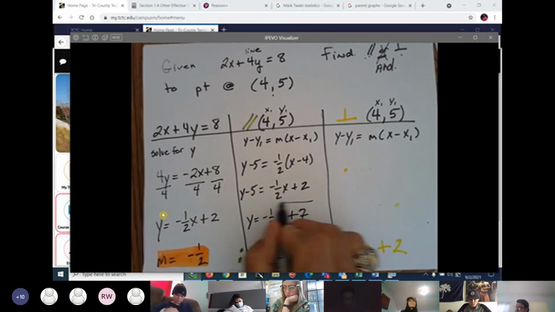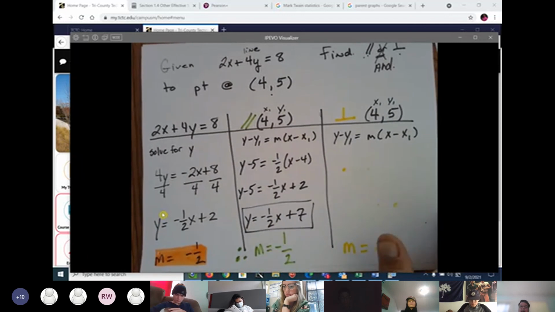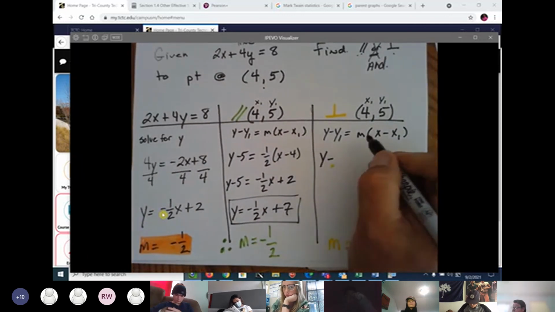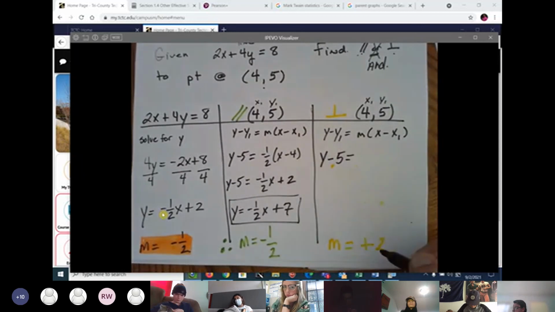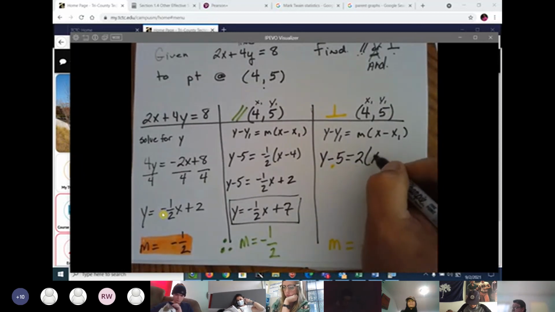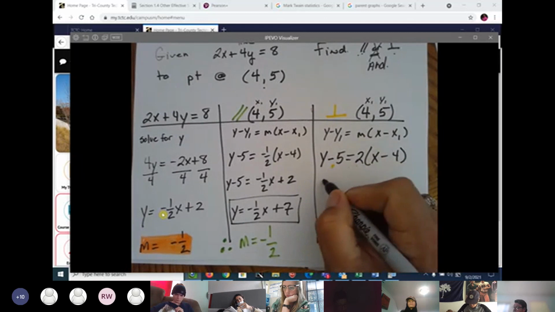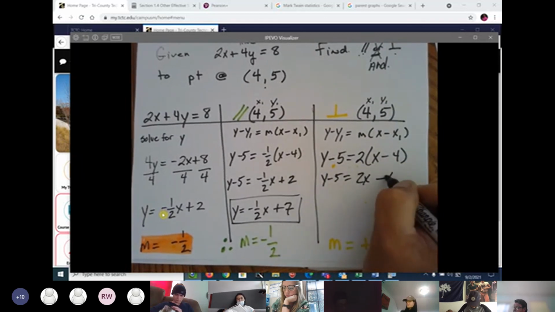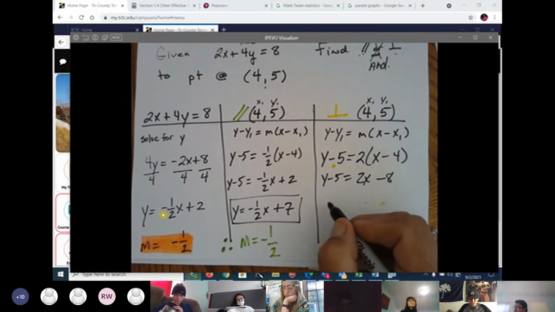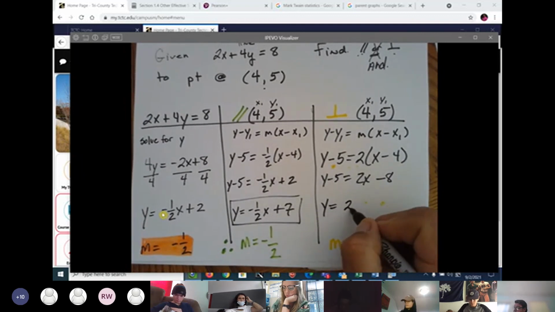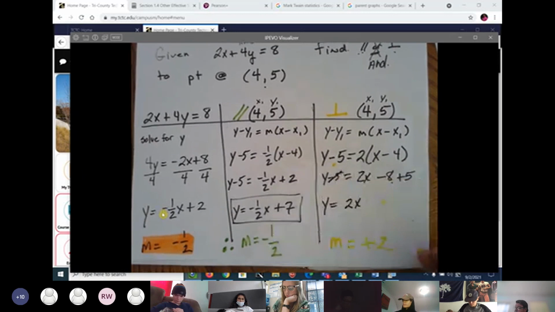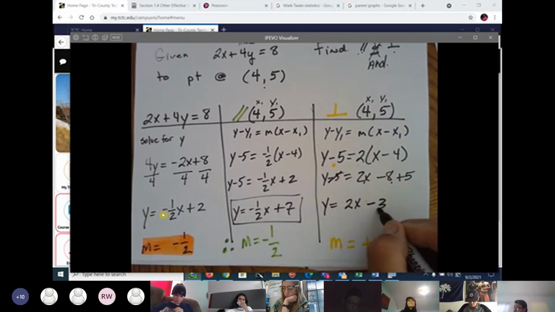Y'all check me and see if y'all got plus 7. And then here, y minus 5 is equal to 2 times x minus 4. Y minus 5 is equal to 2x minus 8. And y is equal to 2x minus 8 plus 5, which is negative 3.